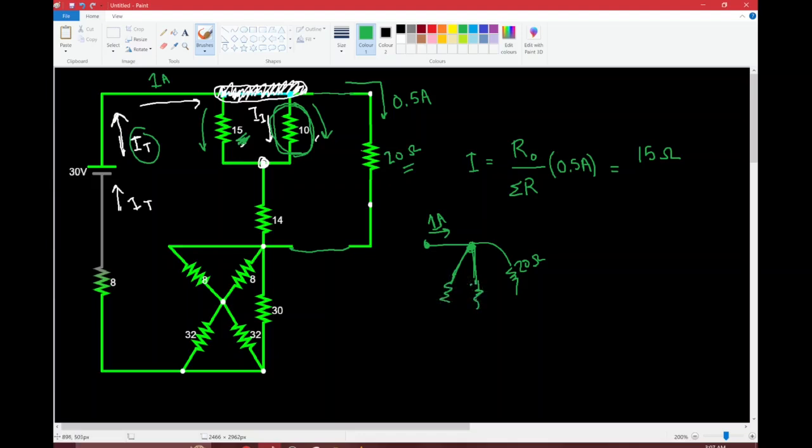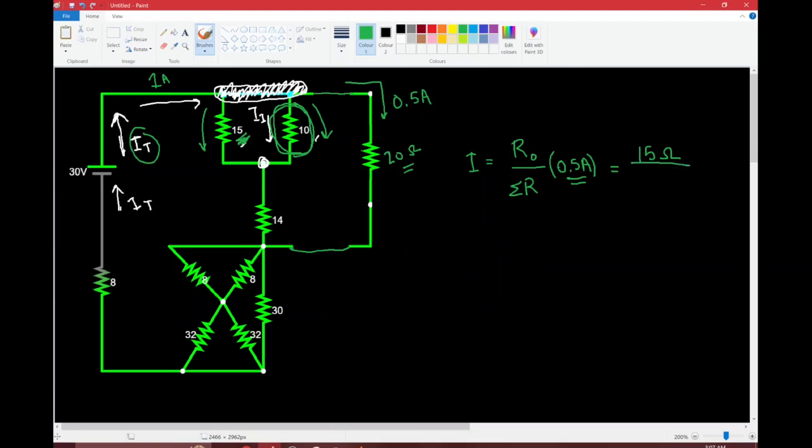So the total current going into this parallel path is 0.5, so that's why 0.5 is the value here. So I'm going to delete all this, and we're going to continue with the equation.